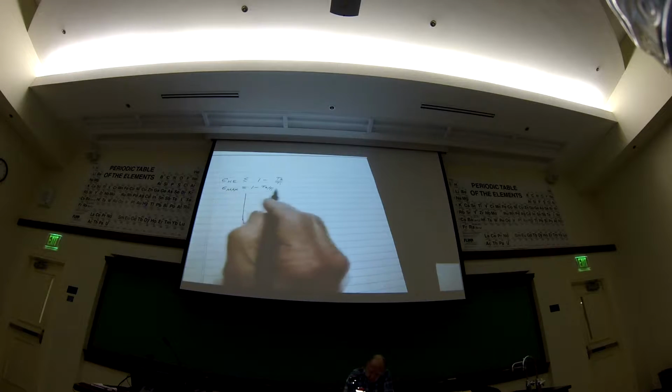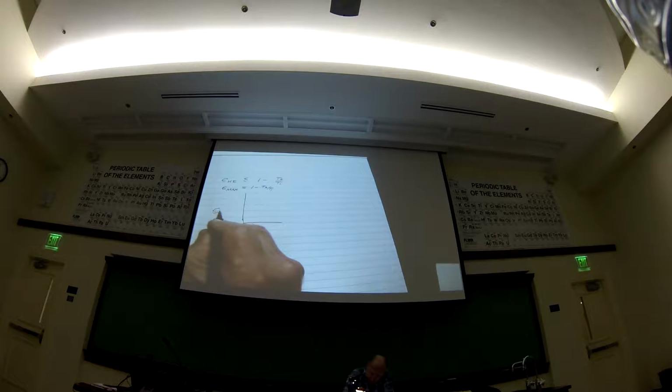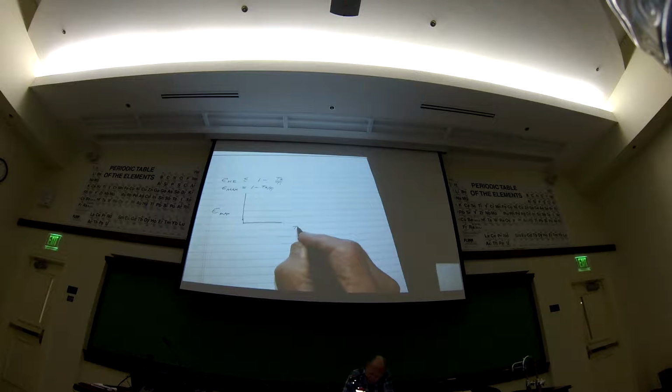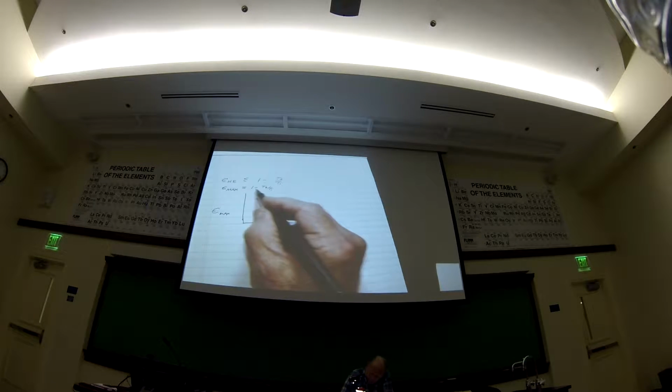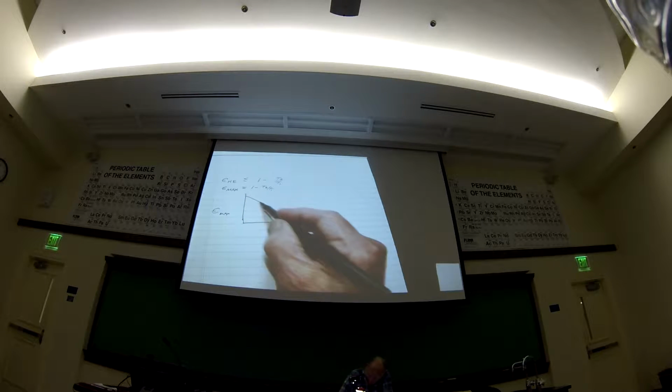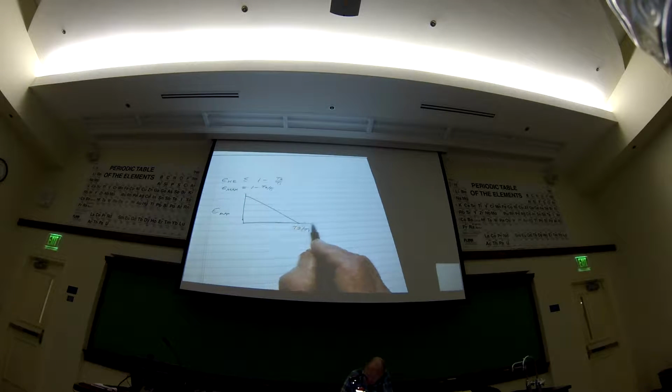So this is the equation, we plot the efficiency maximum versus T2 over T1. That's a line, sloping down like this. This is 1, this is 1.